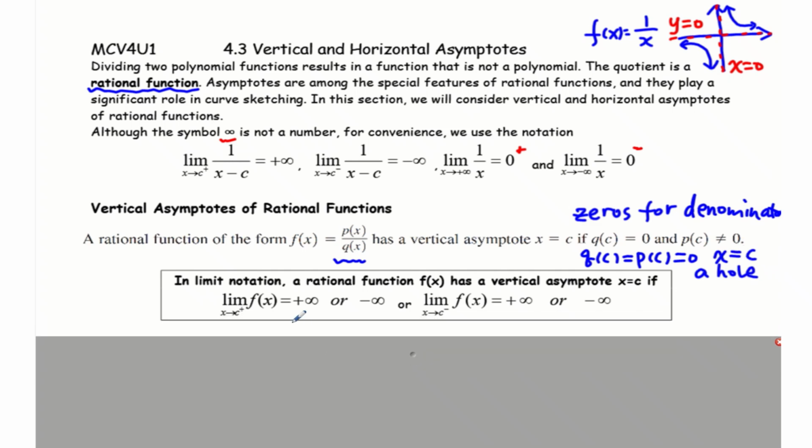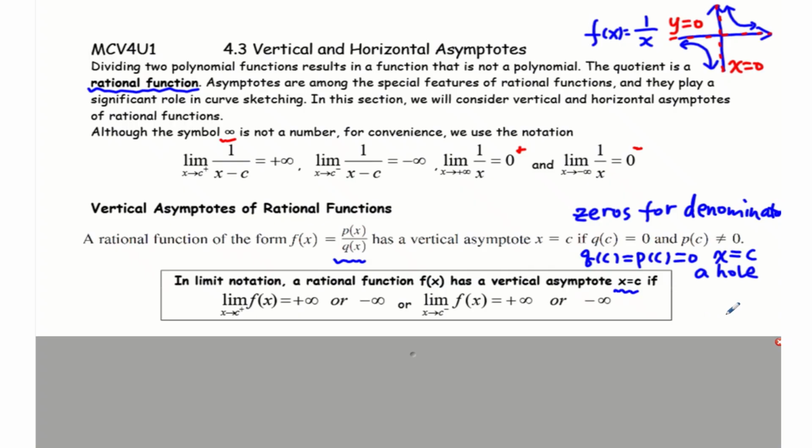So in limit notation, a rational function f(x) has a vertical asymptote, that is a vertical line x equals a constant, if as x approaches c from the right side the limit is infinite, or from the left side it is infinite.